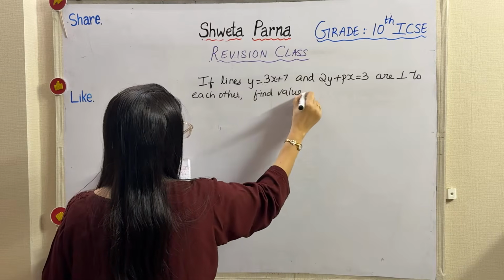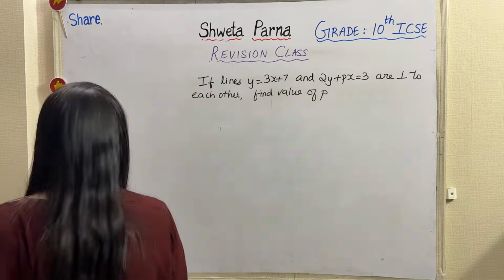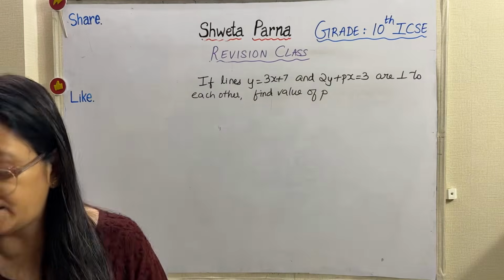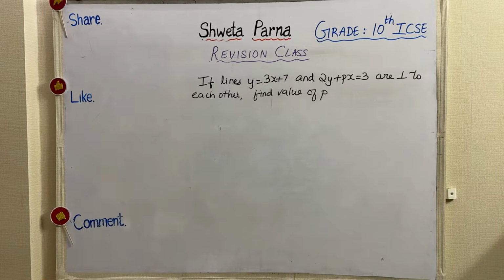This type of question you will get for 2 marks, section A. If lines y is equal to 3x plus 7 and 2y plus px is equal to 3 are perpendicular to each other, you have to find the value of p. Solve it and type the answer.